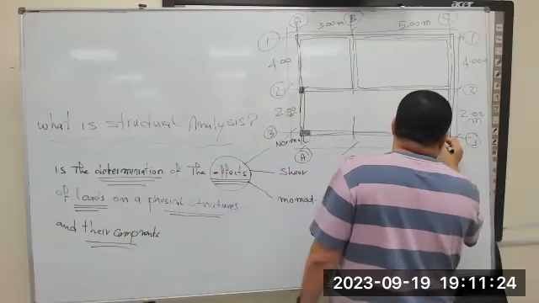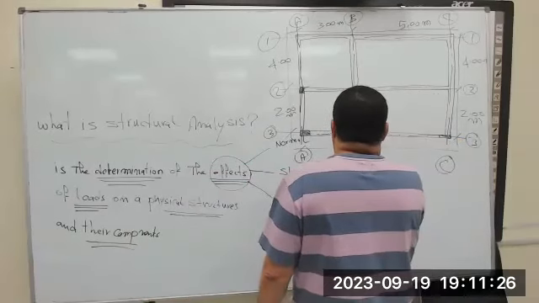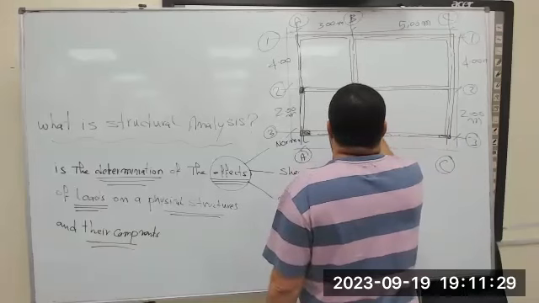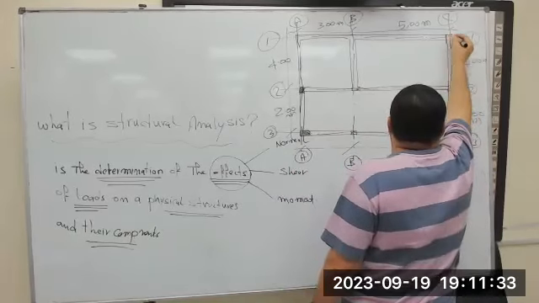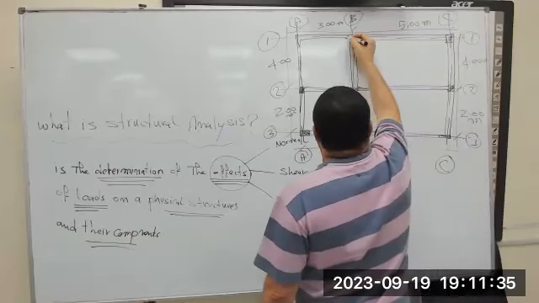There is a column here, and a column here, and a column here, and a column here, and here.